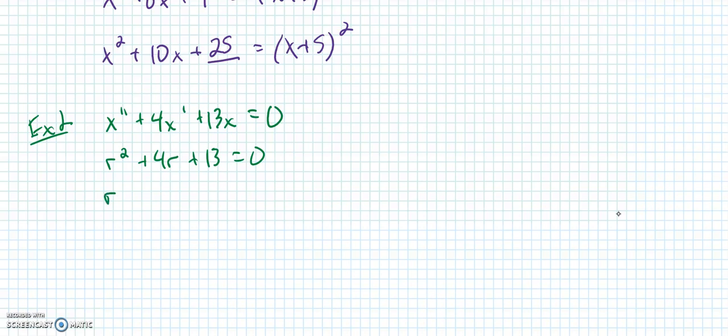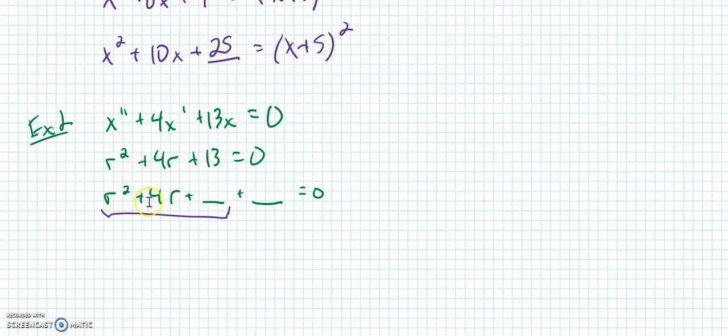So I get r squared plus 4r, and then I write plus, and I'm going to write boink, and then plus, and then boink equals 0. And then I got to fill in these two boinks. What I mean by that is what goes here, so that I will have this section be something that I could factor down to a perfect square.